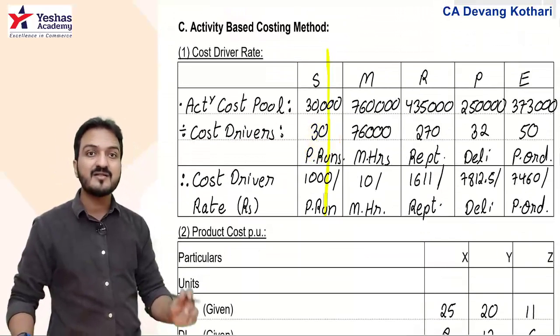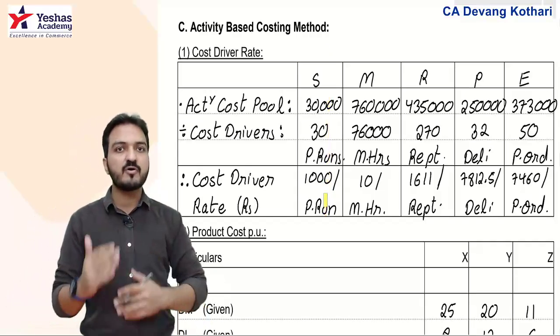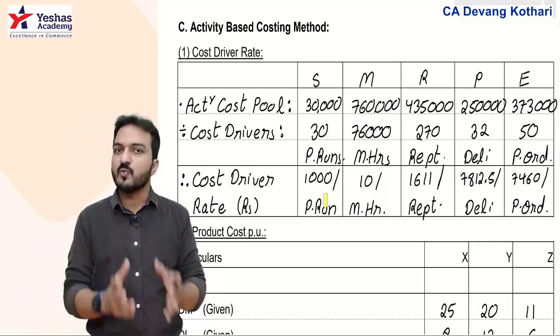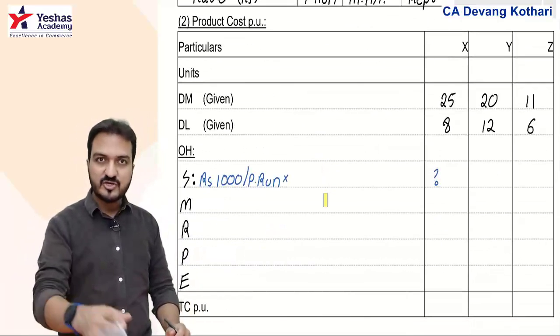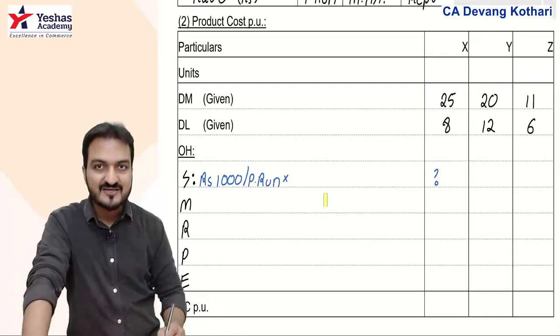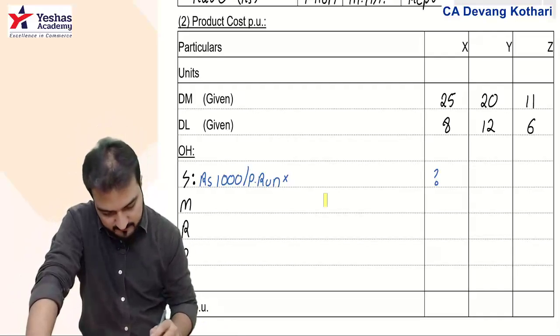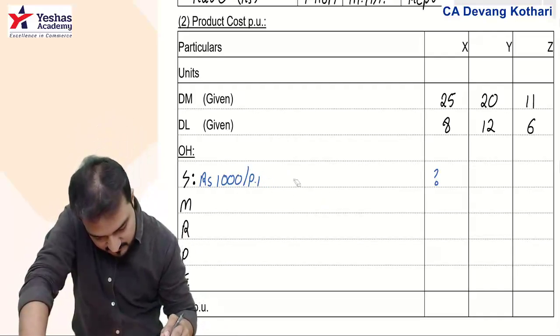Now for calculating the setup cost of X, Y and Z, you need to know the number of production runs used for each, and your question already tells you: 3, 7 and 20 runs.